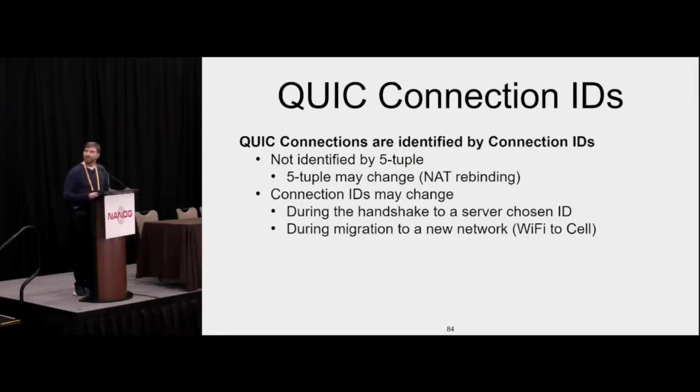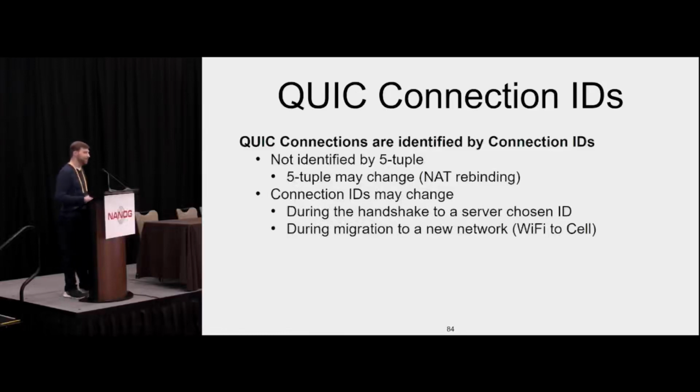So let's talk about connection IDs a little bit. QUIC connections are identified by connection IDs, at least in some sense. They're not identified by a 5-tuple, at least that's the concept. That being said, 5-tuples are likely to be relatively stable in deployments. There are some very practical reasons why, for most cases, most connections are only going to be over a single 5-tuple.